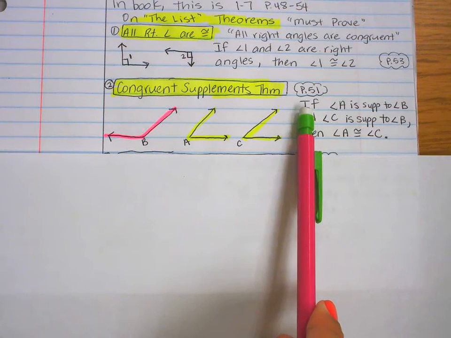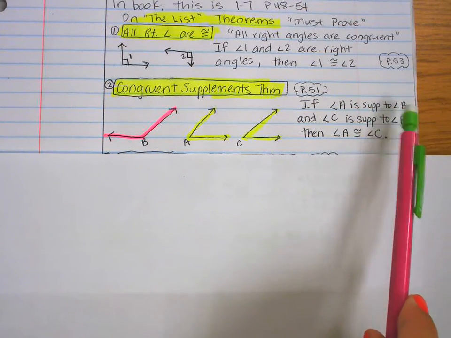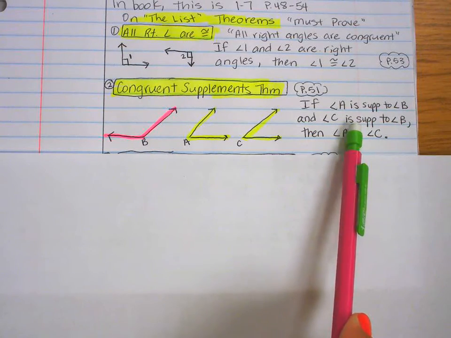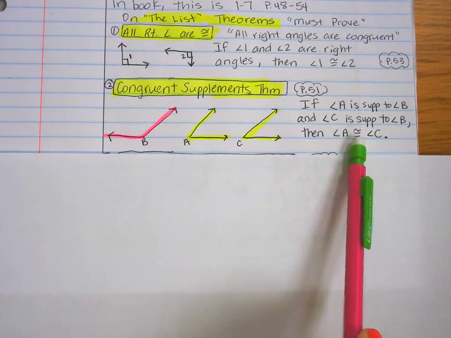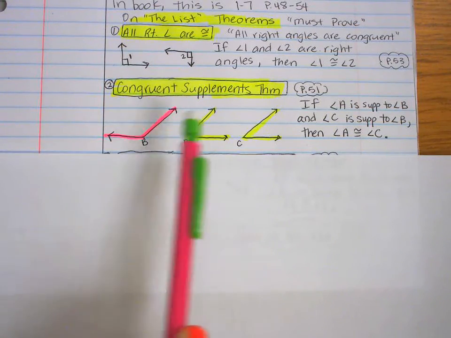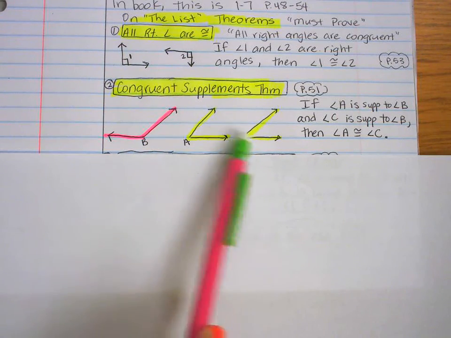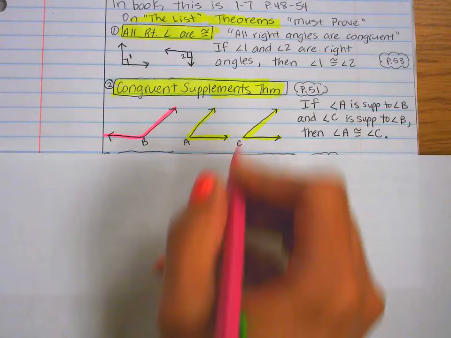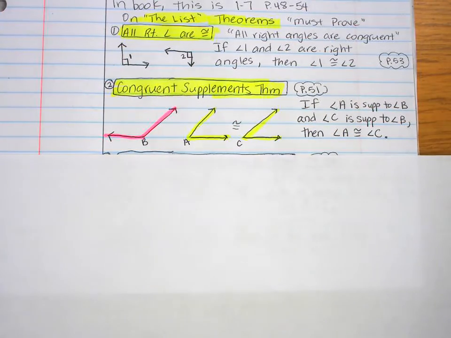So this is what it says. If angle A is supplementary to angle B and angle C is supplementary to angle B, then angle A is congruent to angle C. So it's saying if angle A is supplementary to B and C is supplementary to B, then these two are congruent. I would maybe just put that symbol there to remind you that those two are congruent.